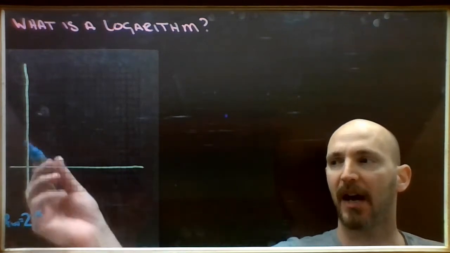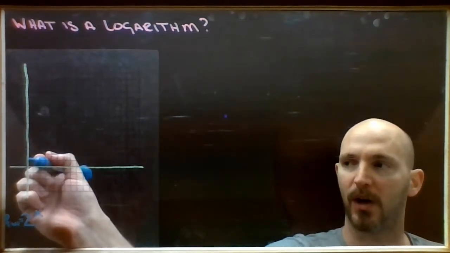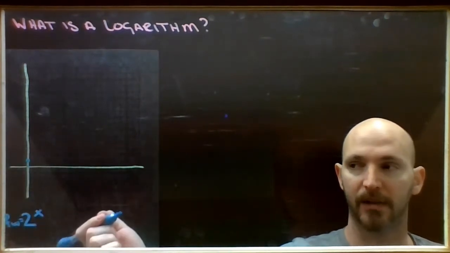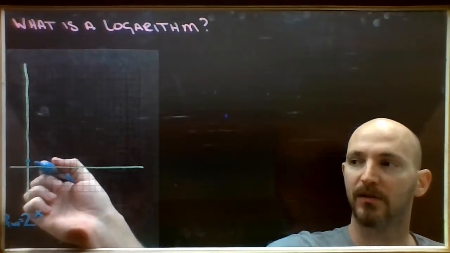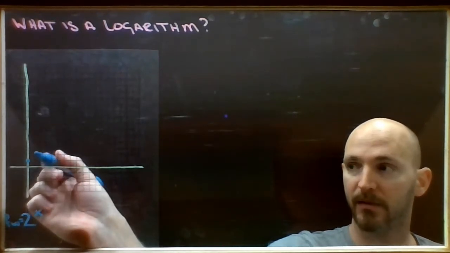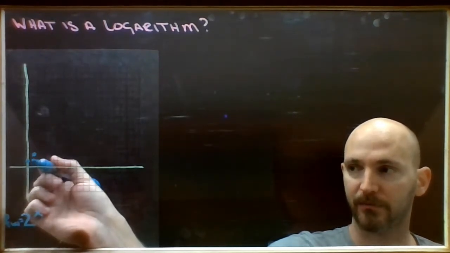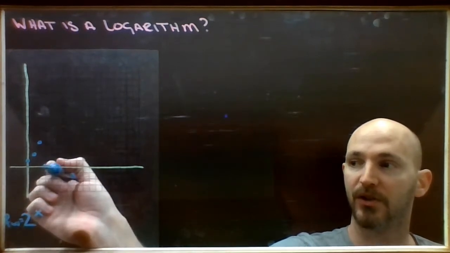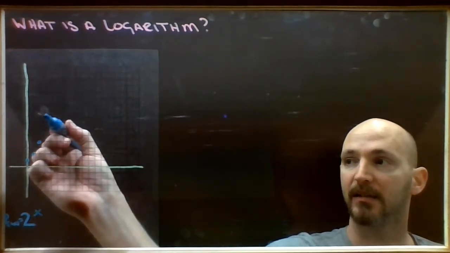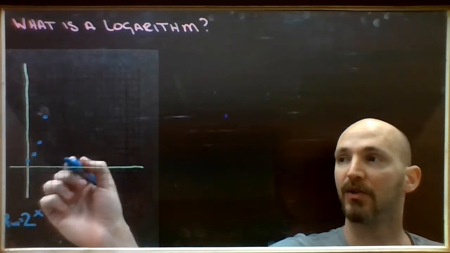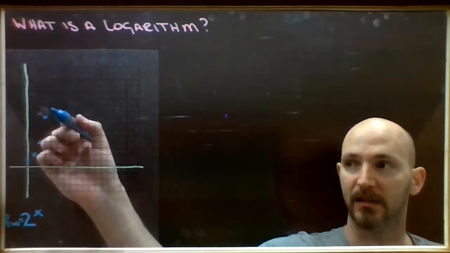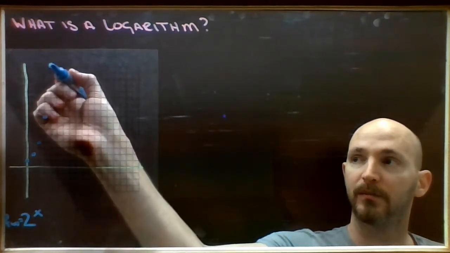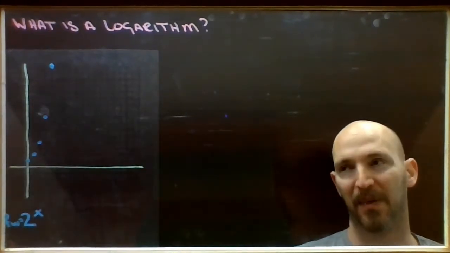So the basic pattern for an exponential, you start at 1, 2 to the exponent 0 is 1, 2 to the exponent 1 is 2, 2 squared is 4, 2 cubed is 8, 2 to the power 4 is 16. And I have run out of space on my graph.